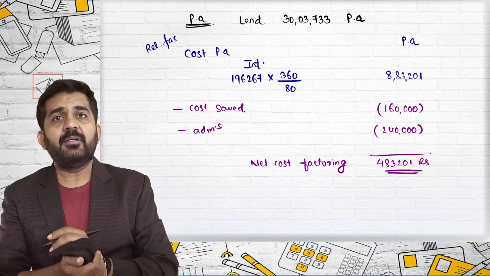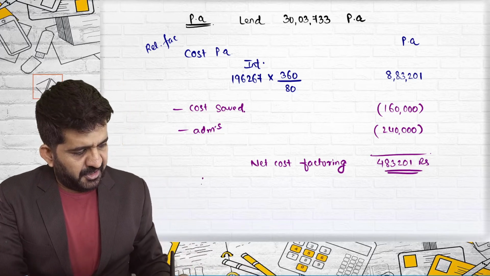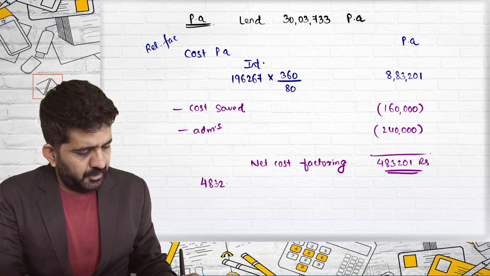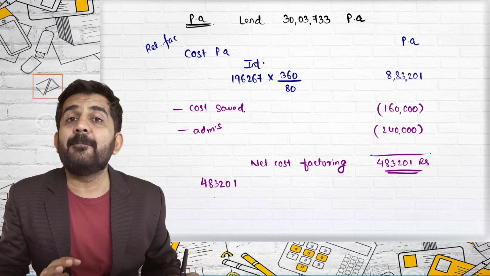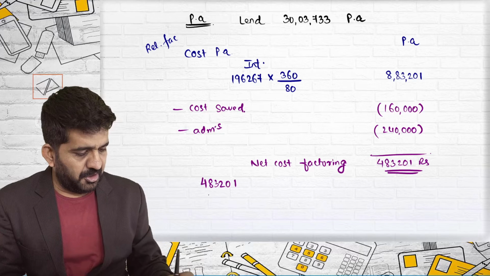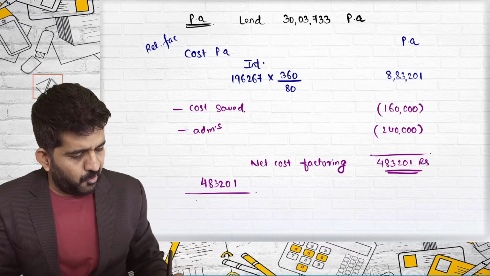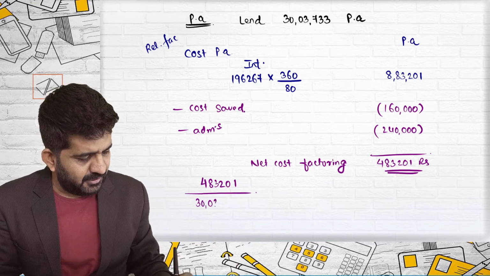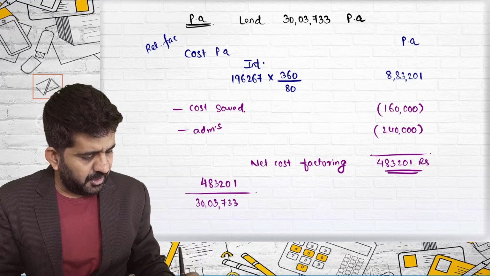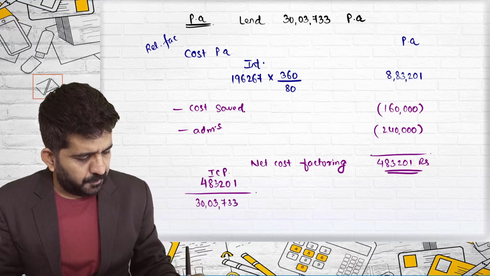Net cost of factoring in percentage: 483,201. Say I am paying interest, let us forget about commission, on the borrowings of 30,03,733. Now this is the interest cost per annum.